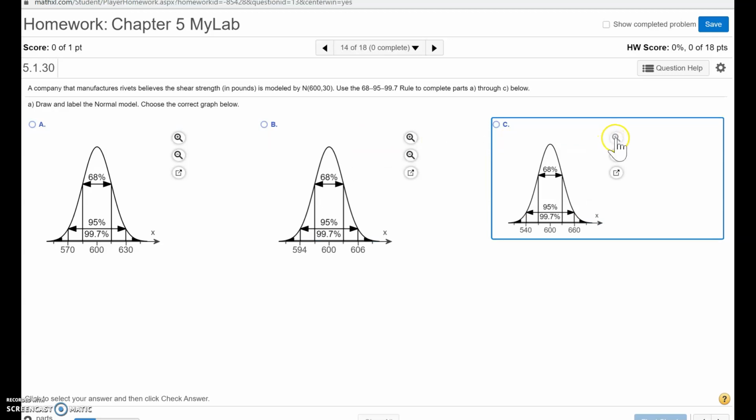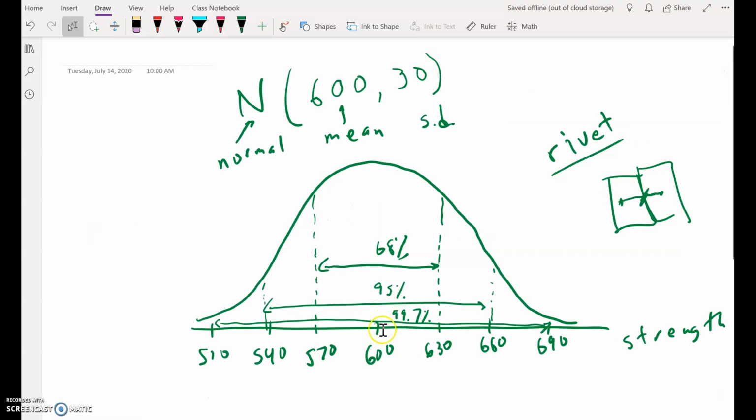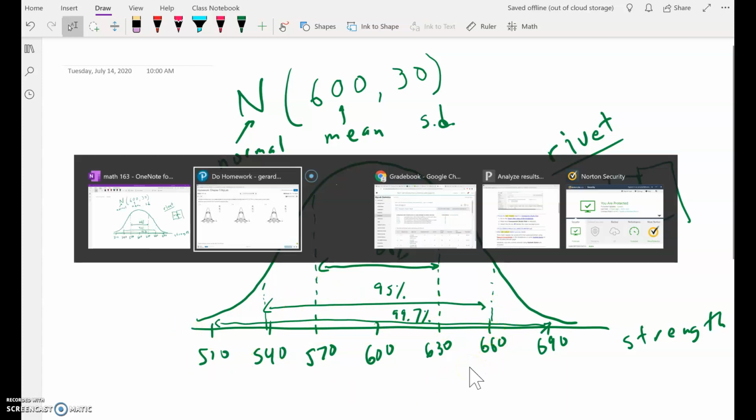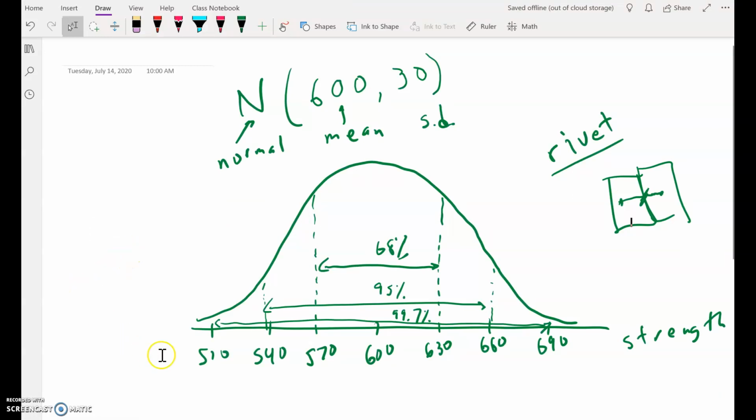But according to the picture that we drew earlier, let's go back to it for a second. We have 95% of the rivets having a strength between 540 and 660 pounds. So let's take a look at which one that would be. Option A: 95% of the rivets between 570 and 630. Is that right? No, that's 570 and 630.